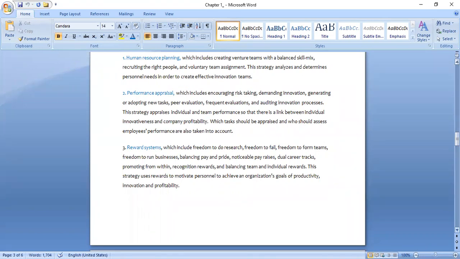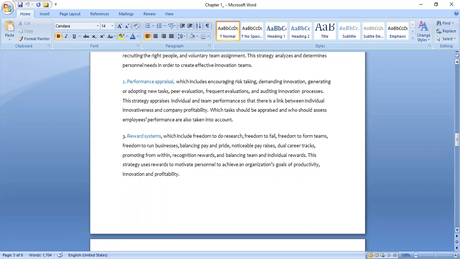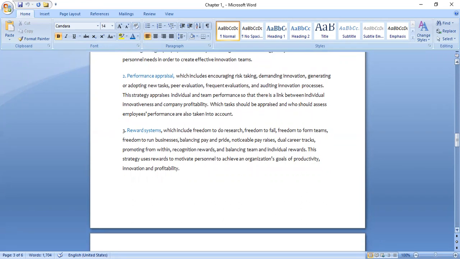So we also have another human resource practice, which is performance appraisal. With performance appraisal, practically, we are assessing the work input of these employees, and it can be done in different ways. For example, we can have peer evaluation, where workers evaluate themselves, frequent evaluations. We can also have audit innovations.